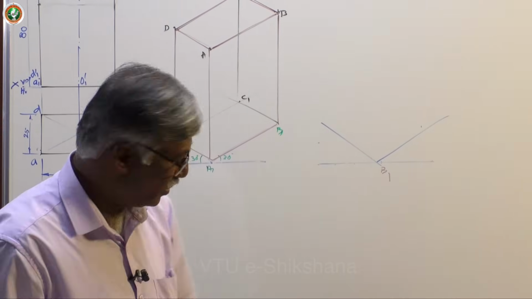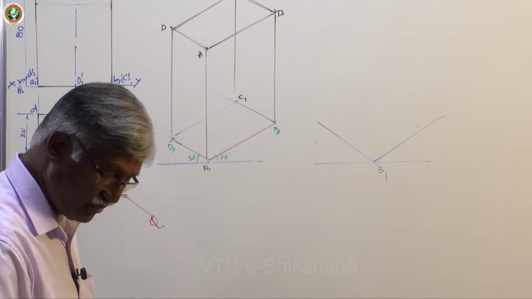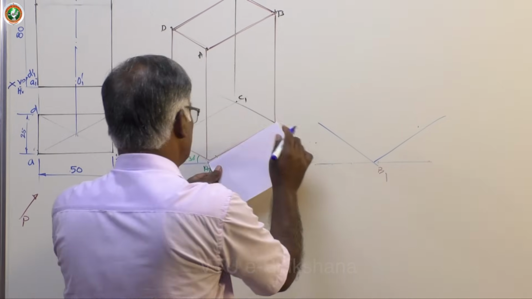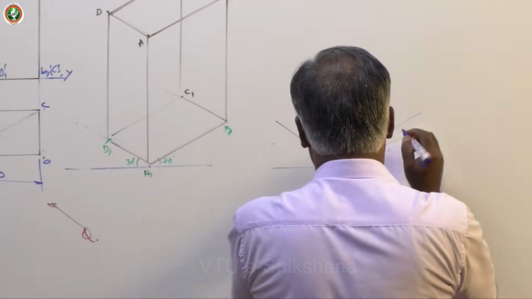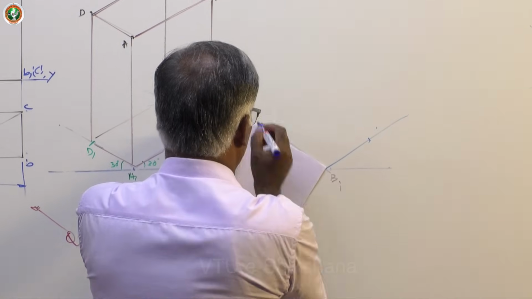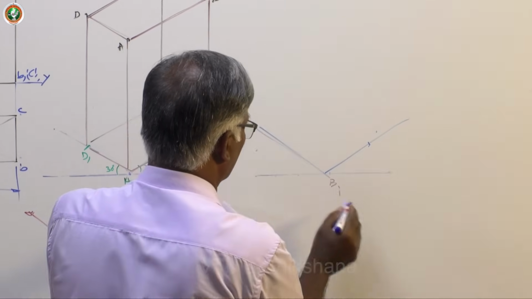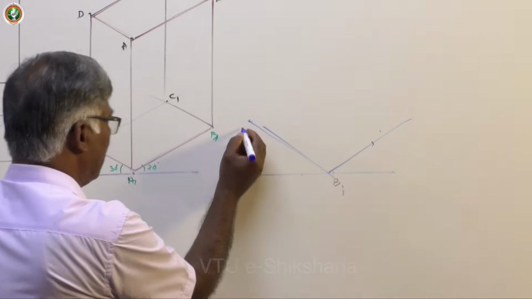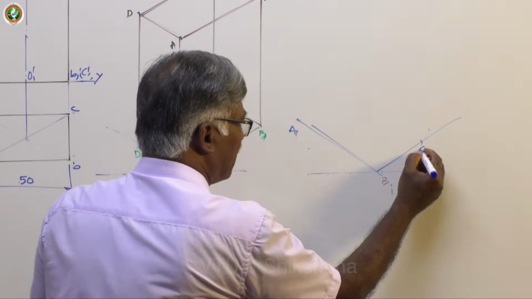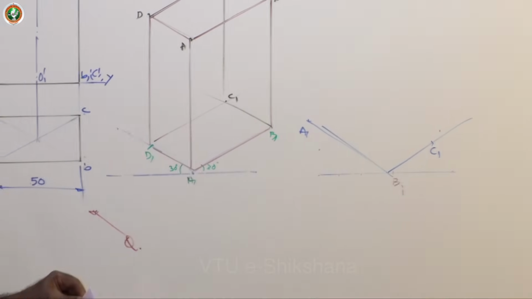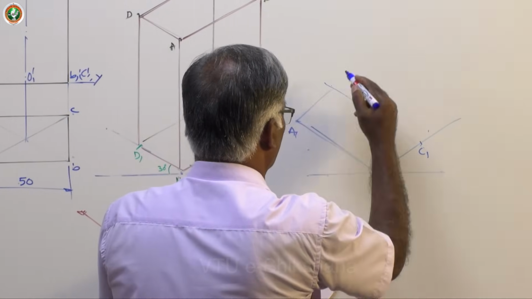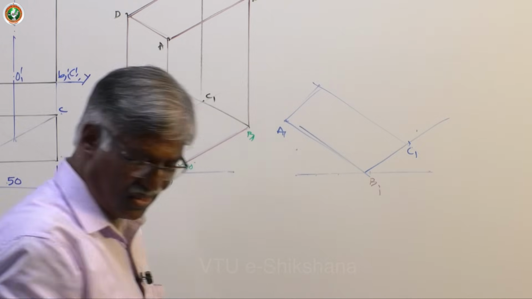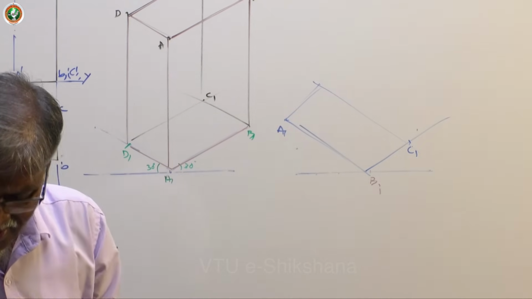This side 25 and this one is 50. Draw this. Next, this is A1, this one is C1. Then draw parallels. Then project. All vertical lines remain as vertical.